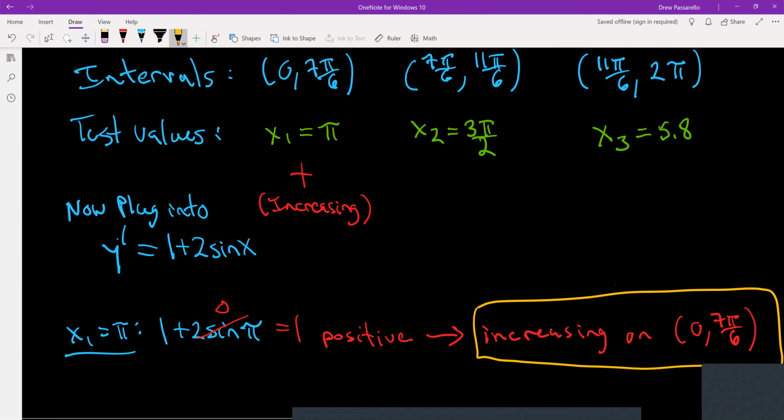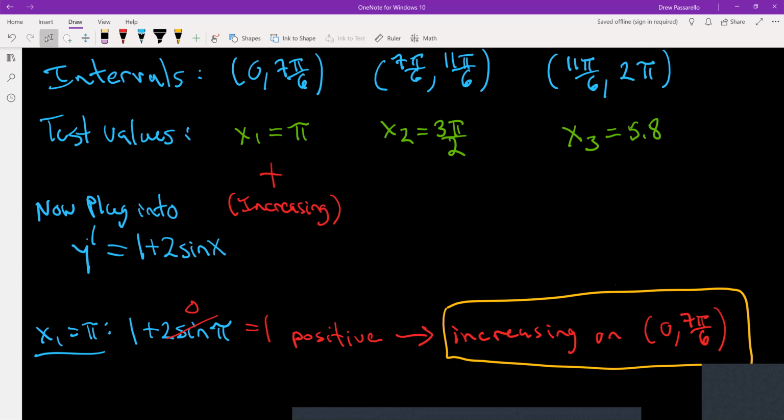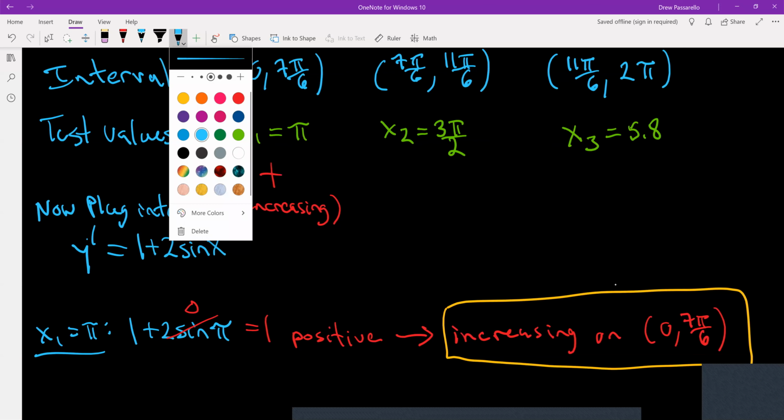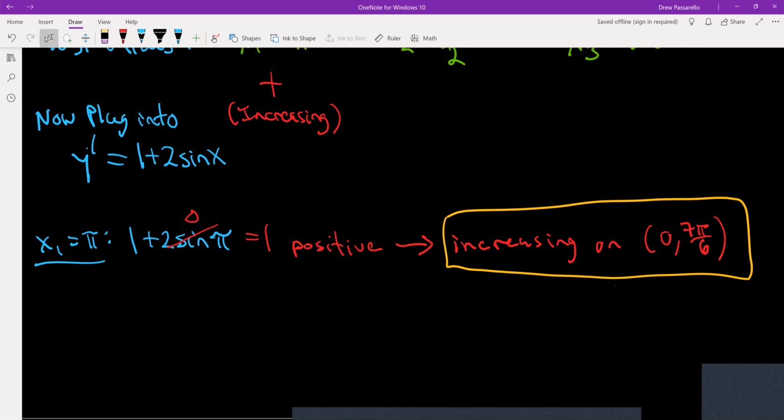All right, now the second test value is 3 pi over 2. Plugging that in, the 1 plus 2 sine x is going to be 1 plus 2 times sine of 3 pi over 2.